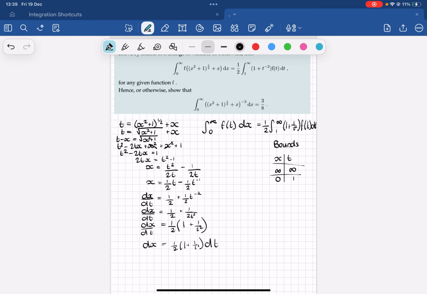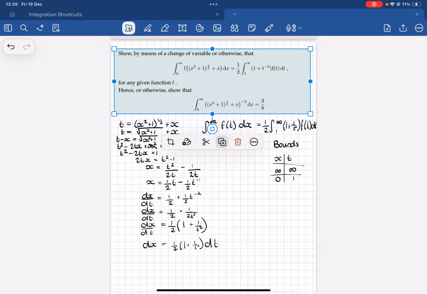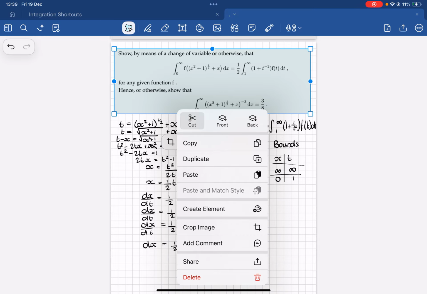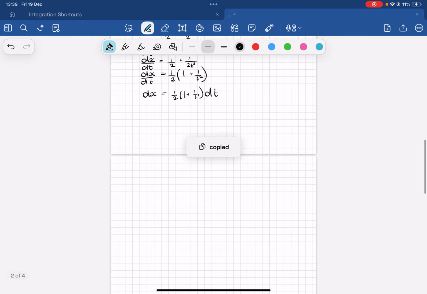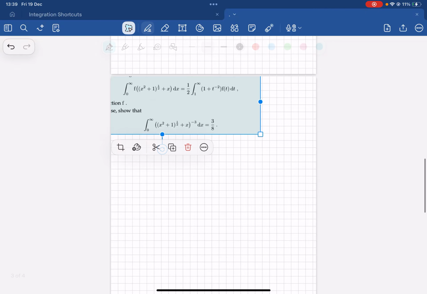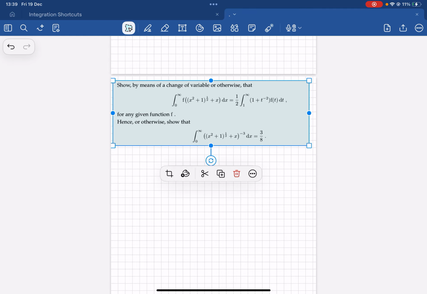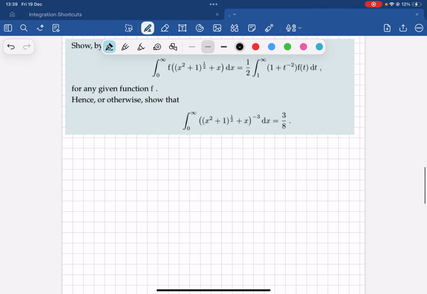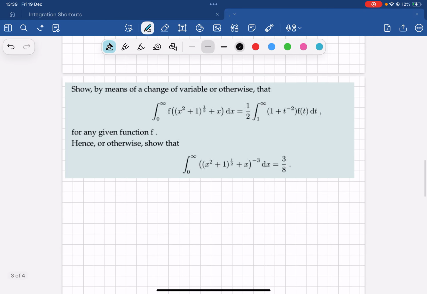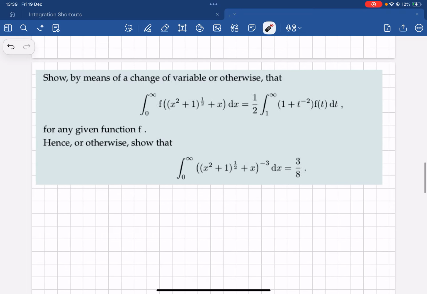Right, let's copy our question over to the next page. So honestly, I couldn't differentiate this by looking at this, so let's compare part B to part A. So we've got x squared plus 1 to the half plus x to the minus 3.